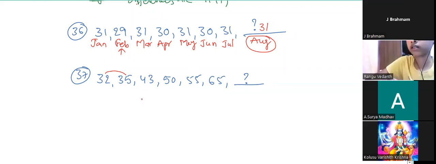First number is not 32, that is 31. Now you can tell. Now sufficient numbers are there. Sir, my logic has completely collapsed because of that 31.